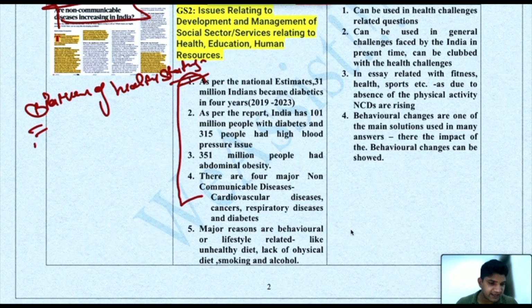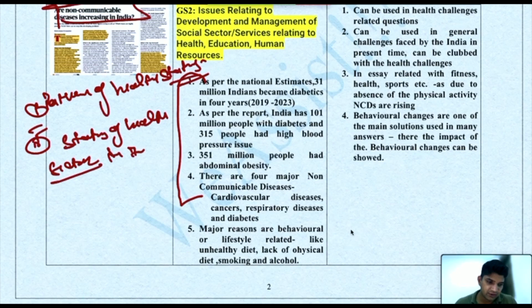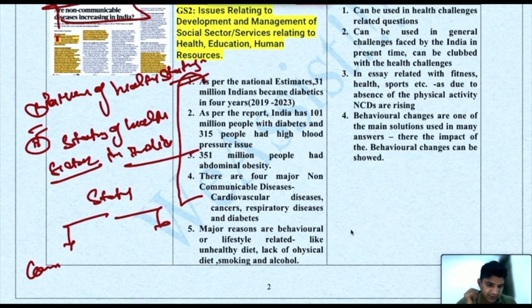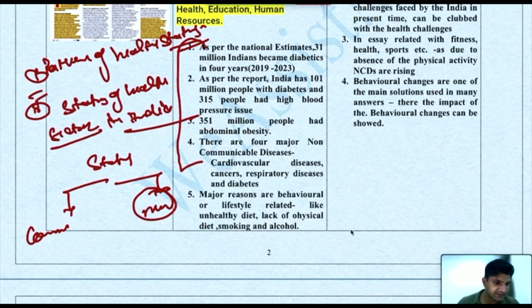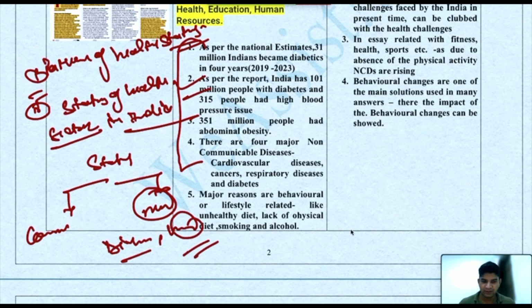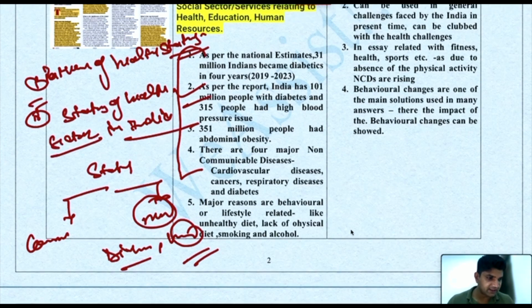Second, somebody asks first tell us the status of the health sector in India. In status you can divide into two parts, communicable and non-communicable diseases. In non-communicable diseases you can quote these things: diabetes is this much, hypertension is this much. Thereby you can show the status.